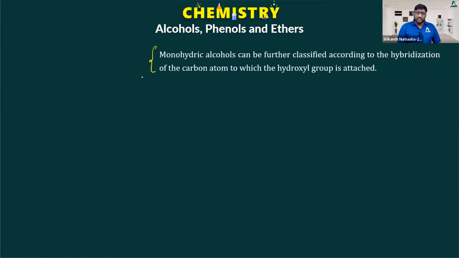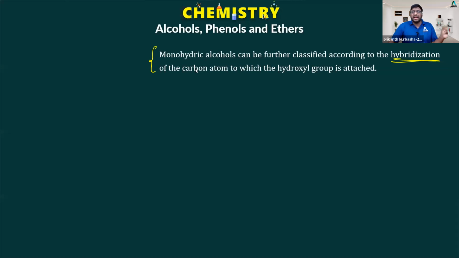Monohydric alcohols means all those alcohols which have one OH group. Monohydric alcohols can be further classified according to hybridization of carbon atom. Like in haloalkanes and haloarenes, there also we did the classification based on hybridization of the carbon atom to which the halogen atom is connected.